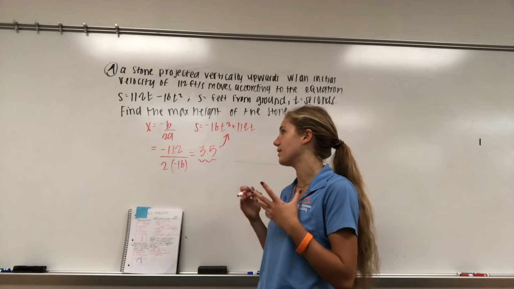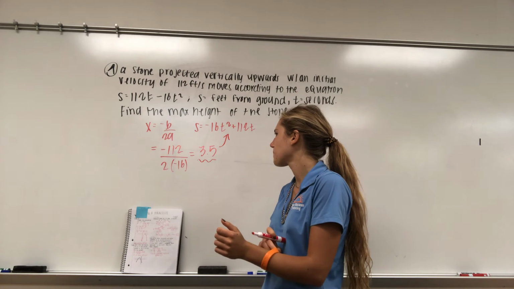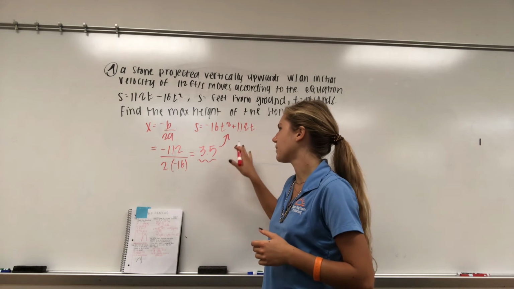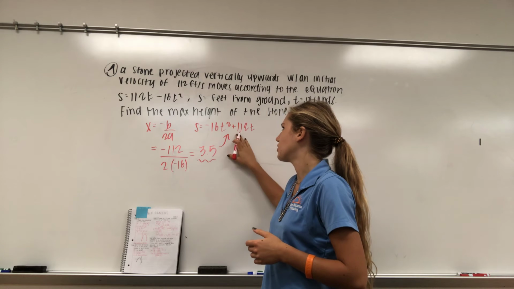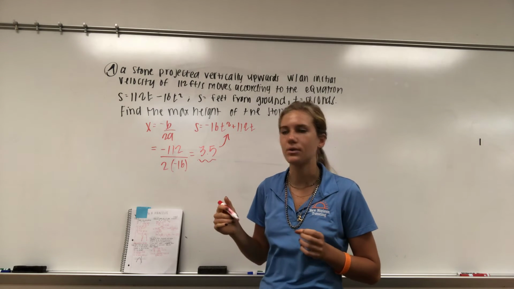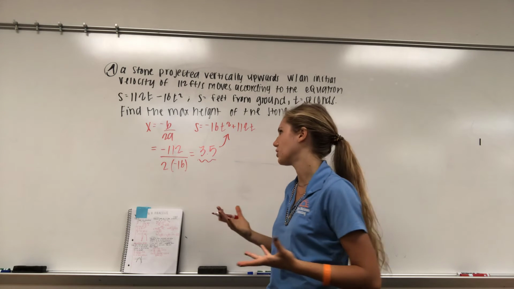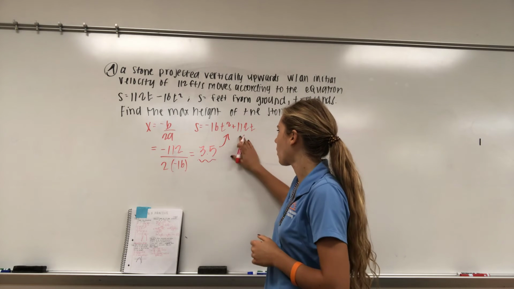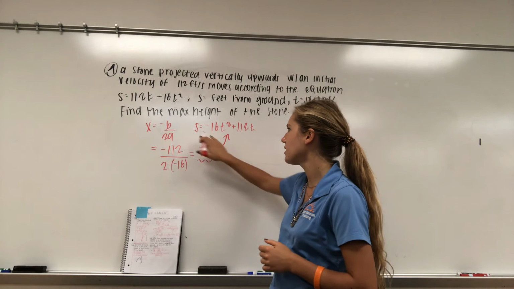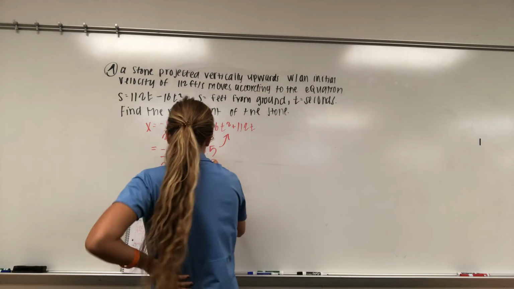So like I said before, we're going to plug this value into technically our t value. In this equation, t and x are analogous in this situation. So we're going to plug in 3.5 for t and get our s value out.